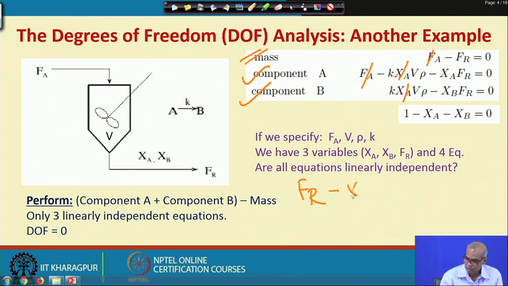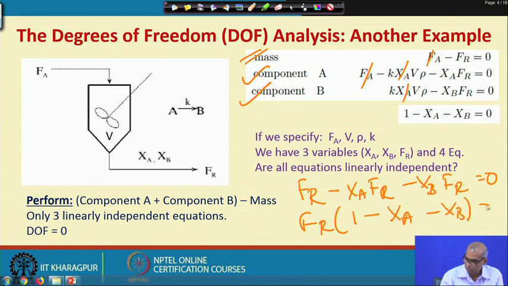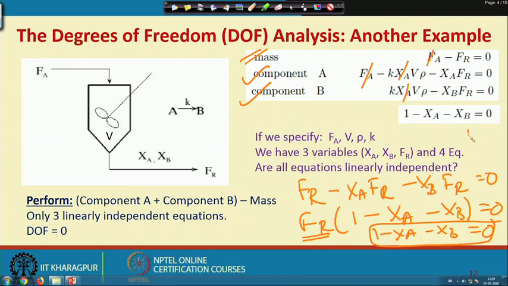So, FR times (1 minus XA minus XB) equals 0. Since FR cannot be 0, 1 minus XA minus XB equals 0. So, this is the same equation. All these 4 equations are not linearly independent. You have to drop one equation, because from these 3 equations itself you get this equation.